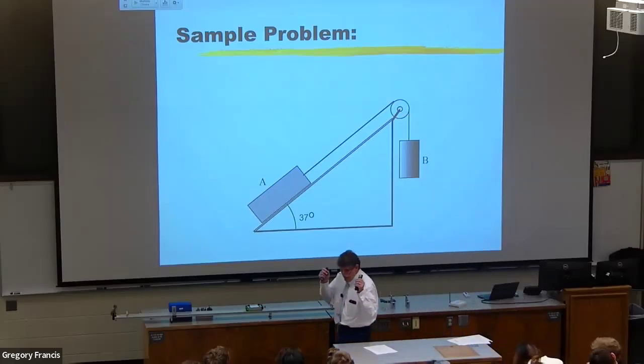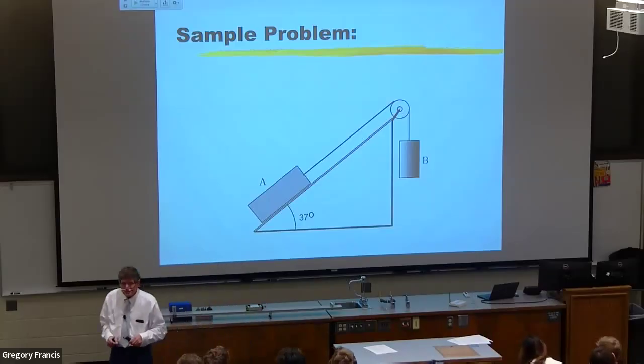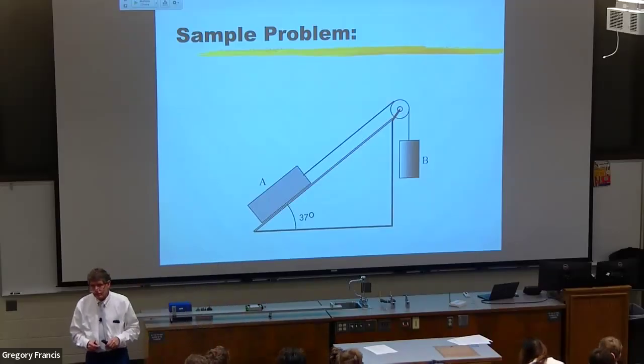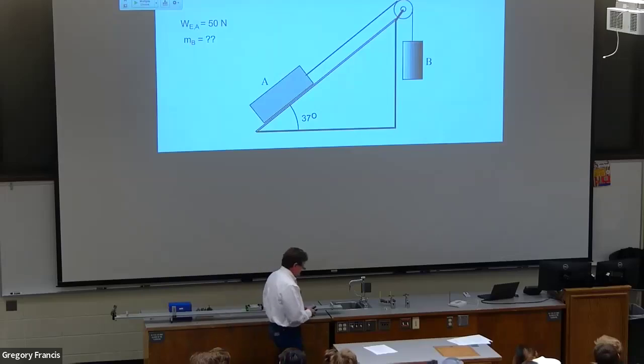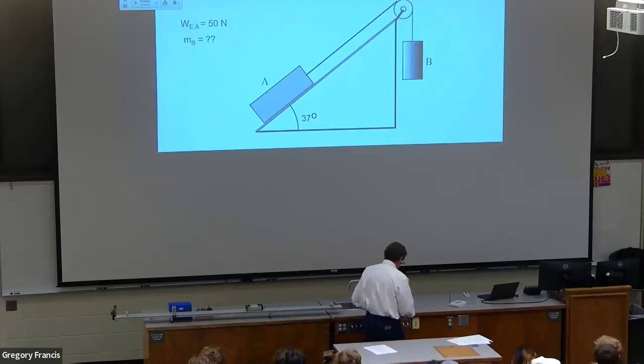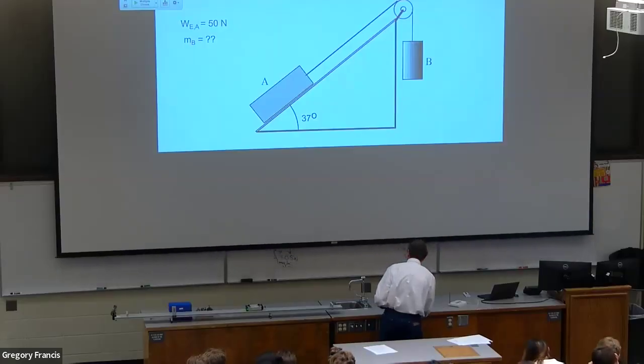Now, when you see constant velocity, you want to ding, ding, ding: zero acceleration, equilibrium, balance, okay? So the first thing we want to do is draw free body diagrams for A and B. So get going on that.